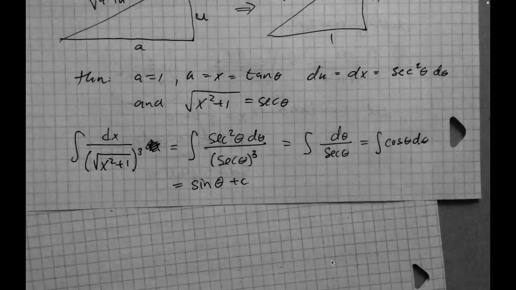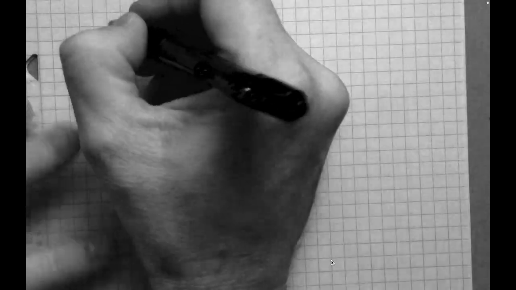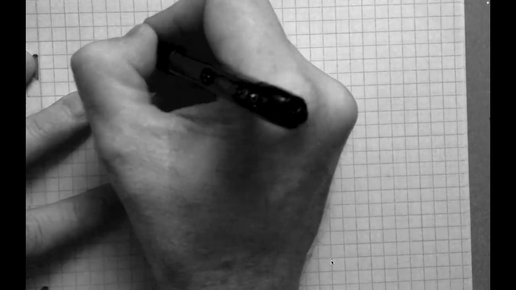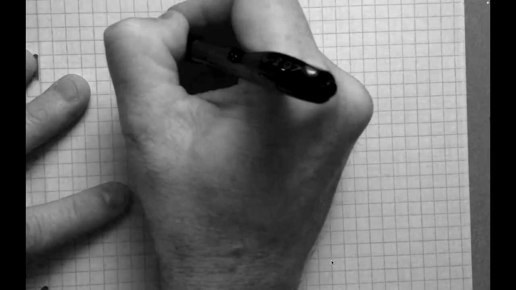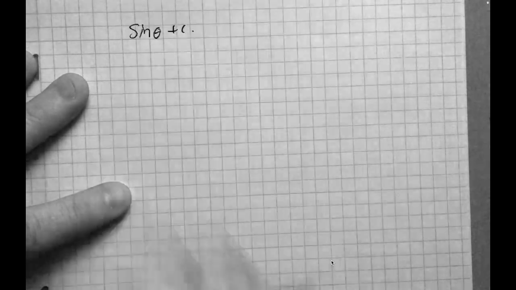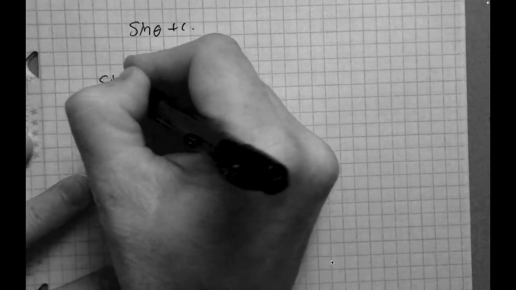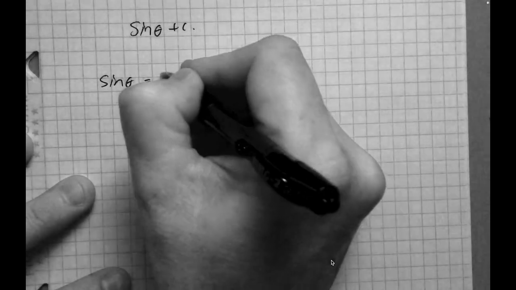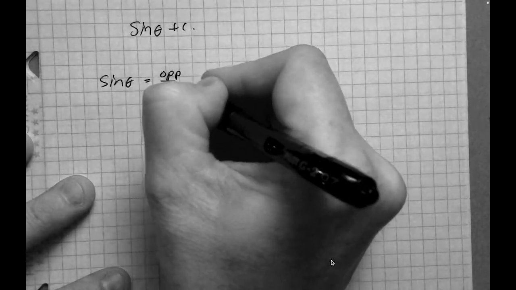Okay, so we get sine of theta plus c, but we need to substitute all of the original pieces back in and get rid of all of this trig stuff. So our integral is sine of theta plus c, right? That's where we left off. But we know that sine of theta is equal to the opposite over the hypotenuse.